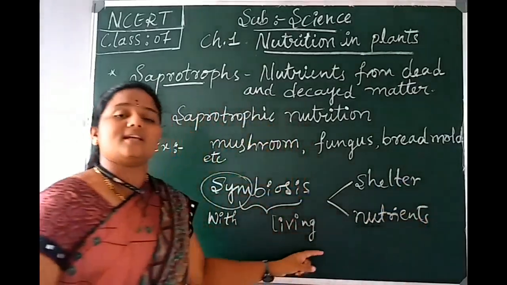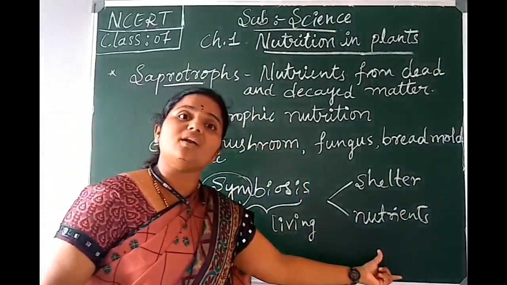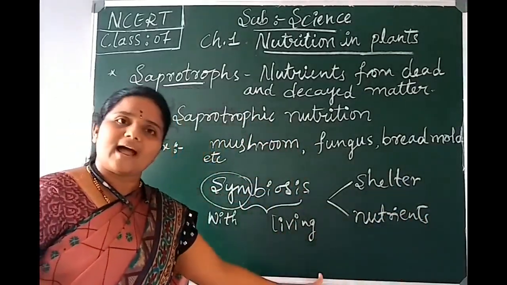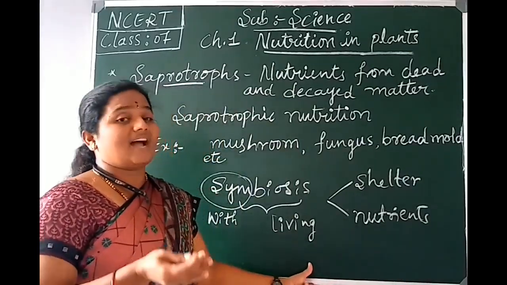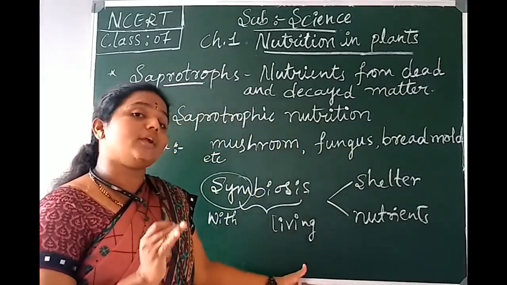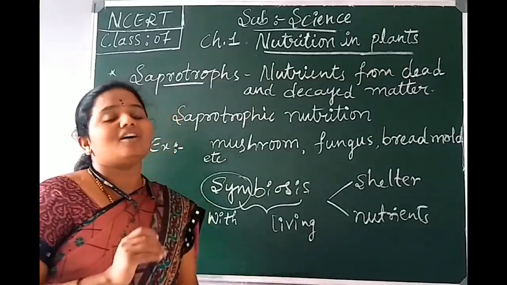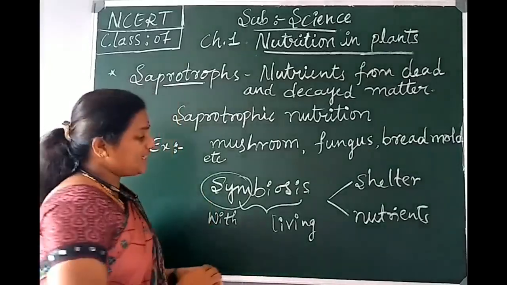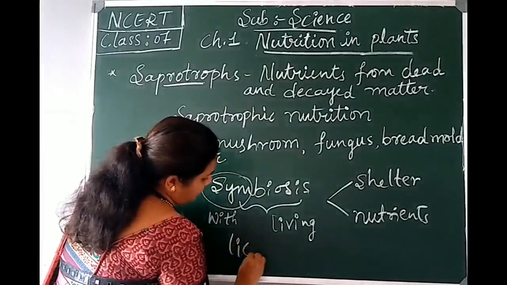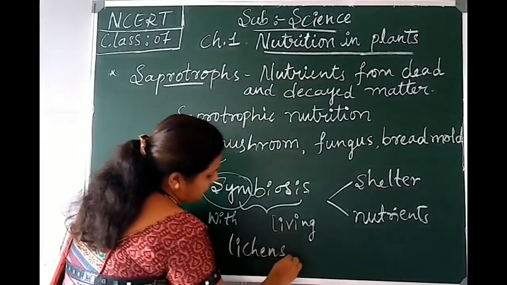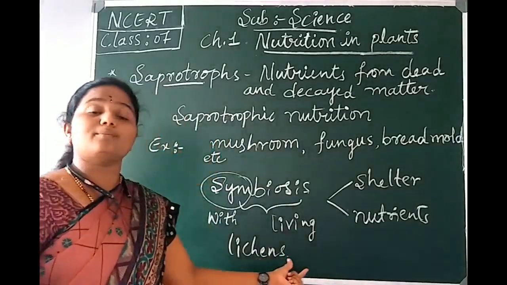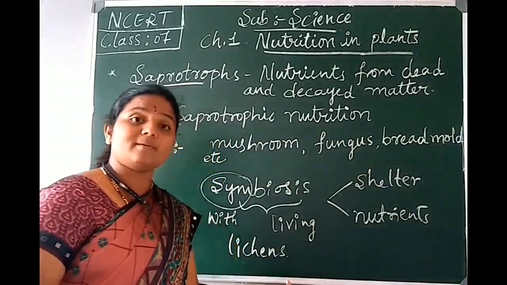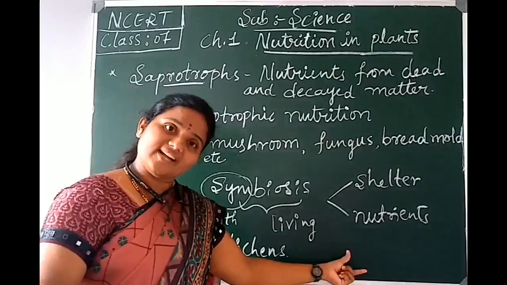What is an example? Fungus growing on certain roots of the plant. Here, the fungus takes help from the plant, and in turn, the plant takes help from the fungus. And one more example is lichens. Here, organisms like chlorophyll-containing algae are present along with fungus.